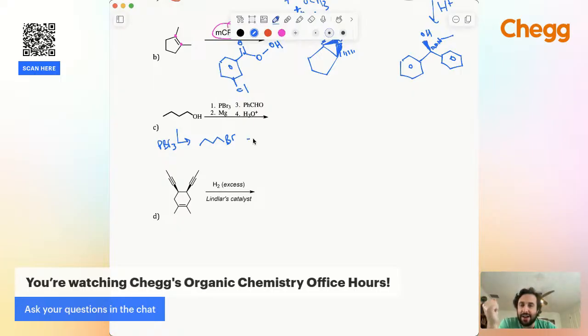And then now we're going to react with elemental magnesium. So obviously we're generating a Grignard reagent here, and magnesium will insert itself into that carbon-bromine bond, thereby reversing the polarity, right? This is the first example of umpolung chemistry that we typically learn in organic chemistry. What that means is that we're reversing the polarity of a particular bond or functional group.